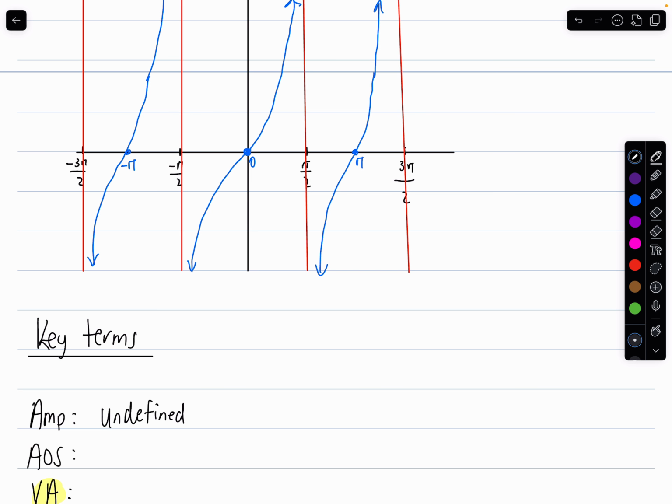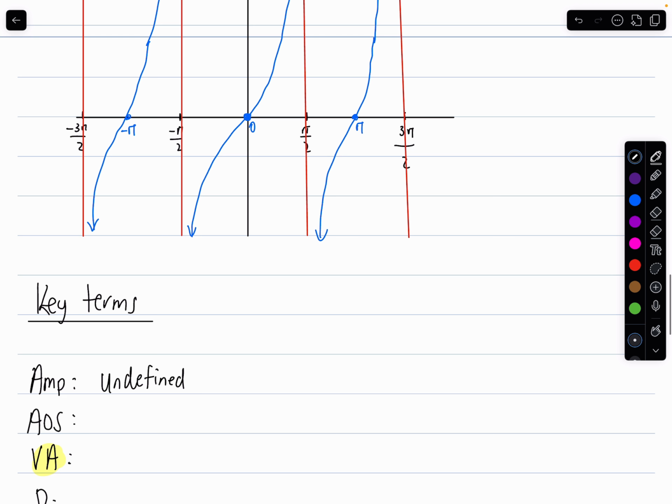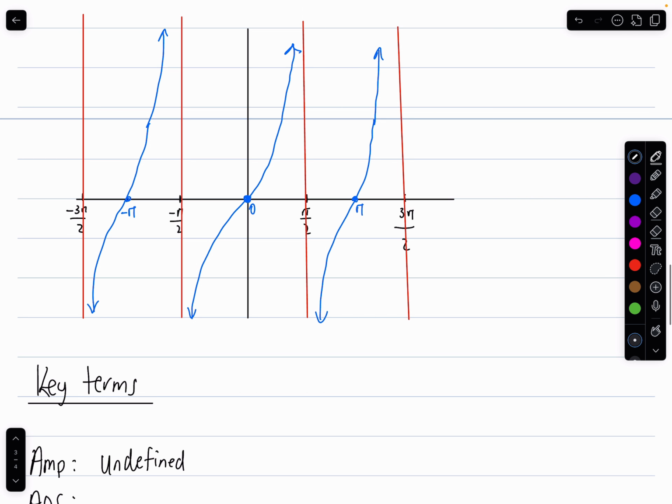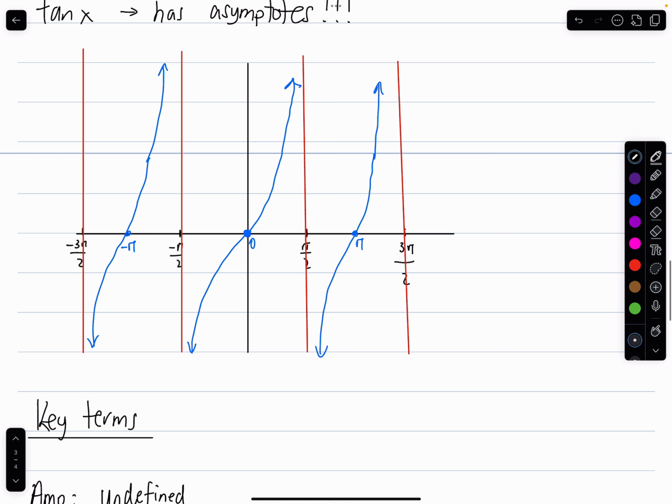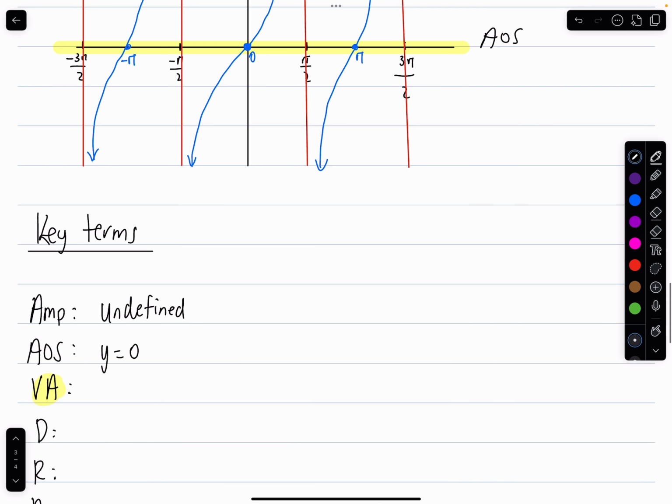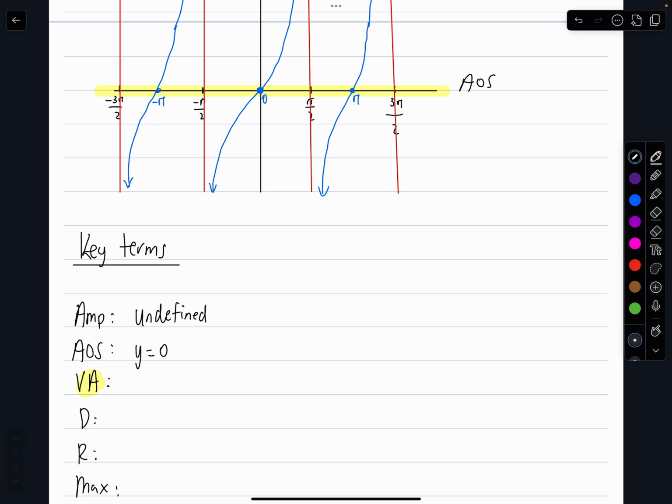The axis of symmetry is at y = 0, because everything is flipped along this line. This is kind of the midpoint, which is the axis of symmetry. The vertical asymptotes we know are positive and negative pi/2, and then positive and negative 3 pi/2.